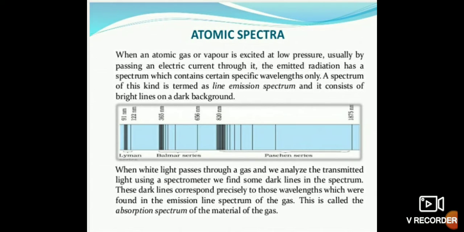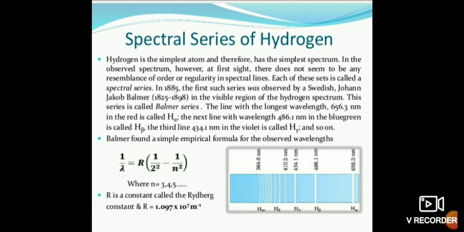When white light passes through a gas and we analyze the transmitted light using a spectrometer, we find some dark lines in the spectrum. These dark lines correspond precisely to those wavelengths which were found in the emission line spectrum of the gas. This is called the absorption spectrum of the material of the gas.